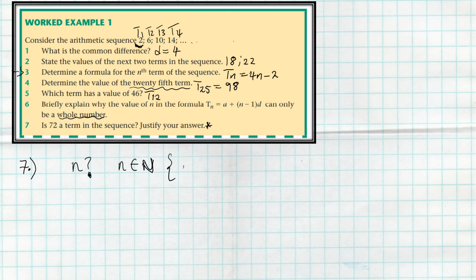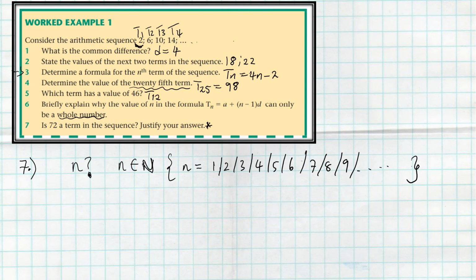That is, our n must be equal to 1 or 2 or 3 or 4 or 5 or 6, all those natural numbers, and so forth. If 72 is in a certain position which is not a natural number, then we'll know this is not a term.